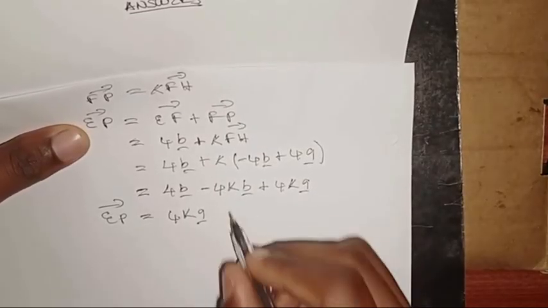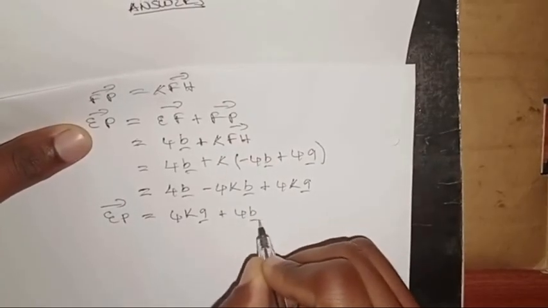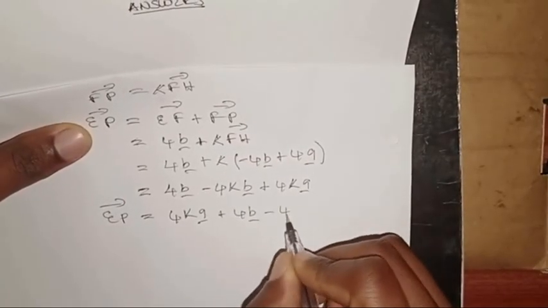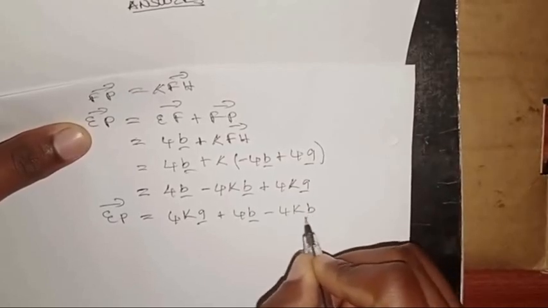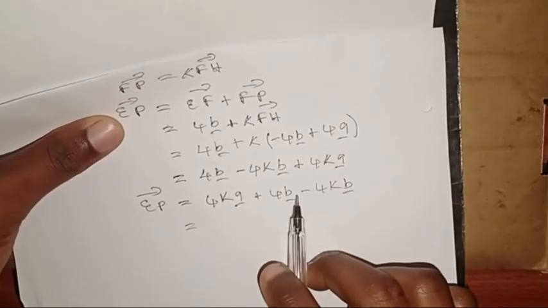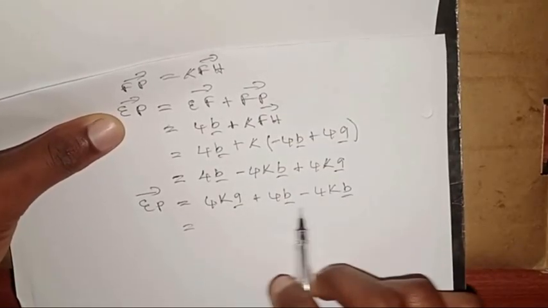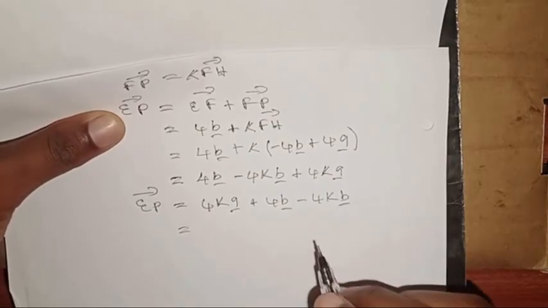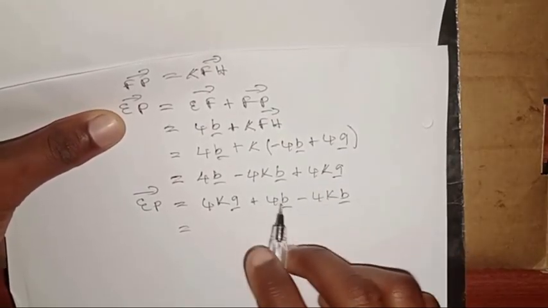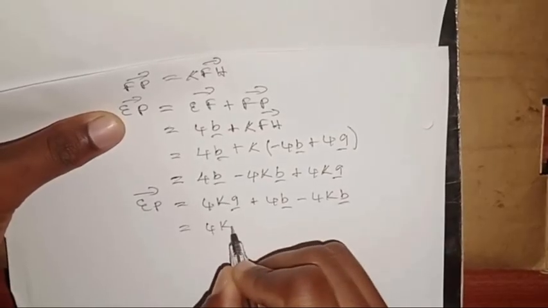Okay, so we can say plus 4b minus 4kb. Okay, so this is what we do here. We need to factorize this whole thing here. So if you look at our terms here, let me first of all write this.